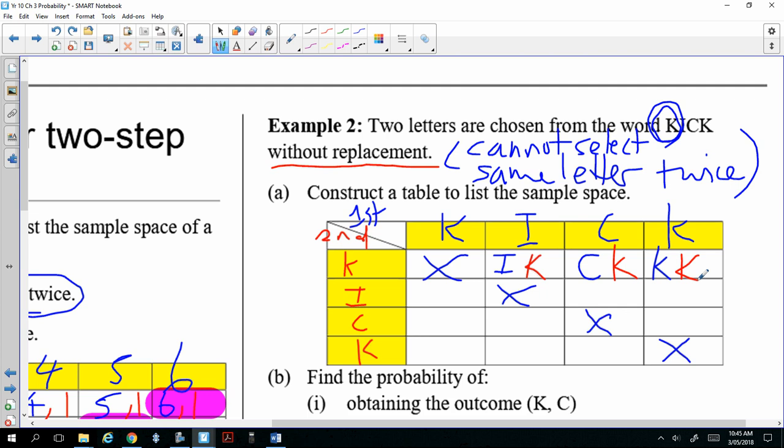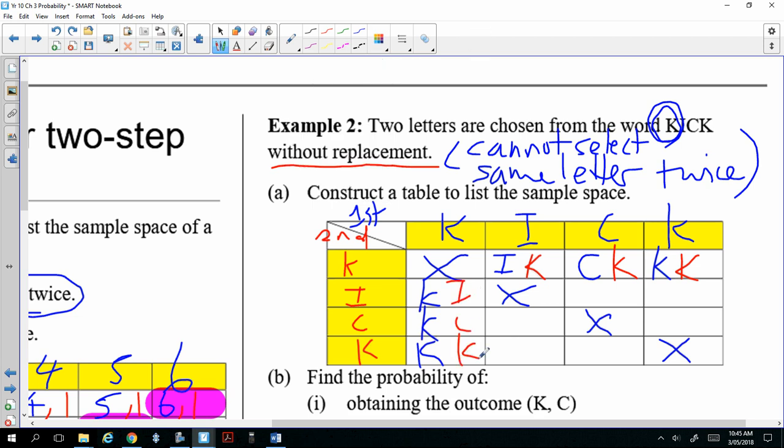So all you have to do is copy the heading. Everything is K, but then the second letter can vary from I, C, and then K.